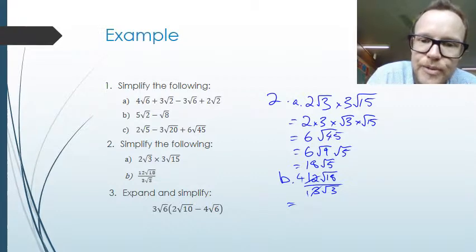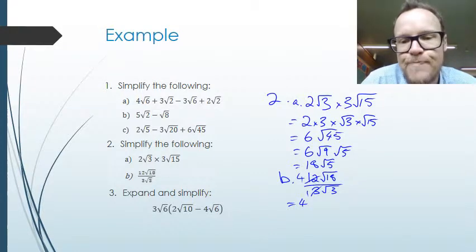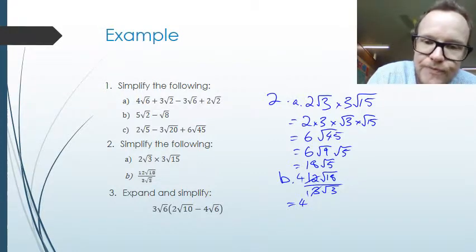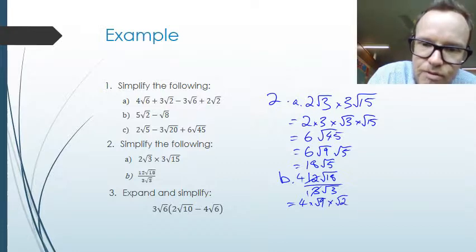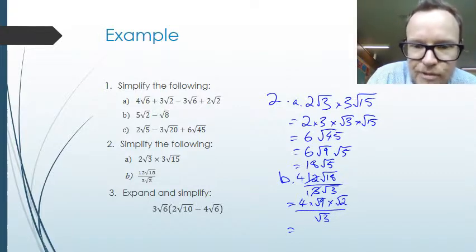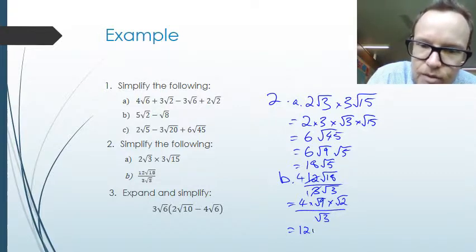And we've got root 3 and root 18, so now we can simplify 18. That's going to be square root of 9 times square root of 2 over root 3. And so that's going to be 4 times 3, which is 12, root 2 over root 3.